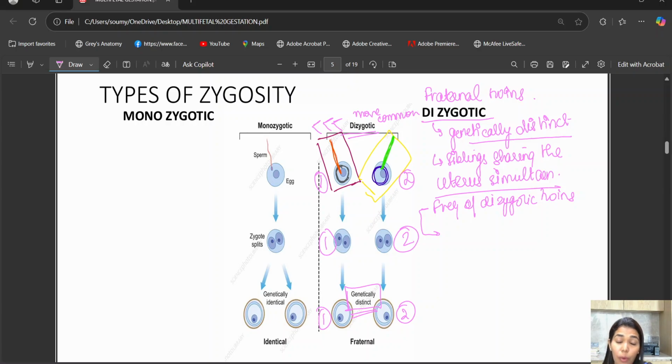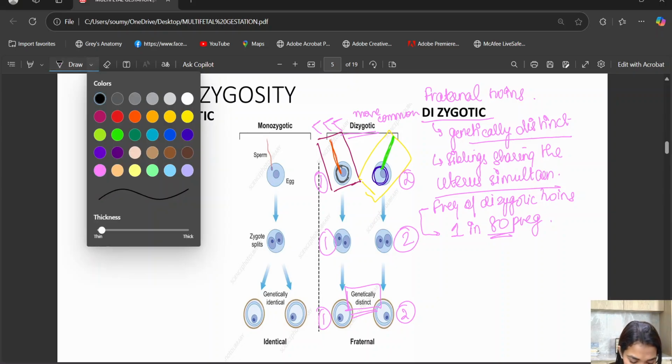Remember, we spoke about a certain rule, Hellin's rule. They occur 1 in 80 pregnancies. Okay? Dizygotic twins will occur in 1 in 80 pregnancies.